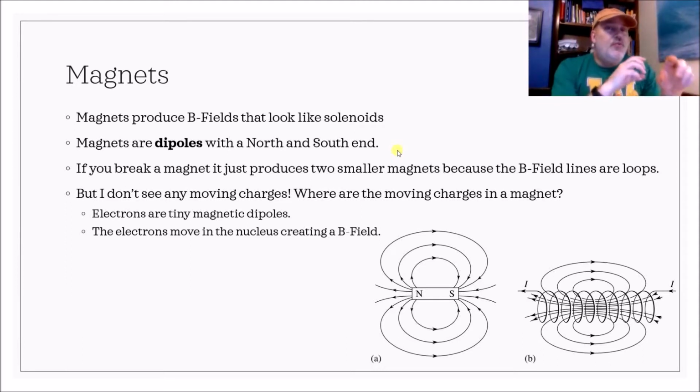In a solenoid, we see that there's current, moving charge. Where's the current or the moving charge for a magnet? Well, a magnet is made up of atoms, and those atoms have protons and electrons. Now, primarily the electrons are responsible for our magnetic fields in materials like an iron magnet.